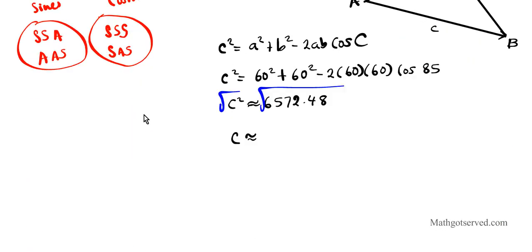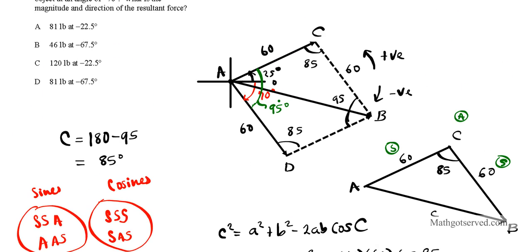Actually, it's supposed to be rounded to a whole number here, so it's simply going to be approximately 81 pounds. Okay, so 81 pounds is the magnitude of the vector. So the answer is either A or D, or it can be B or C.